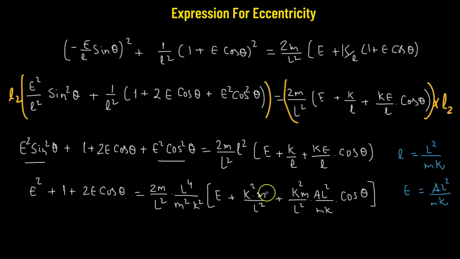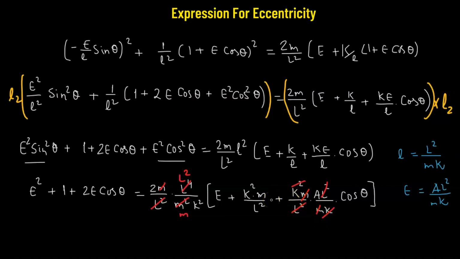So we'll see that there will be a few terms that will get cancelled out. So we have one L squared cancelling out, so this will become L squared. Then we have one m cancelling out, so that leaves us with one single m. Then we have L squared, m, and one k cancelling out.